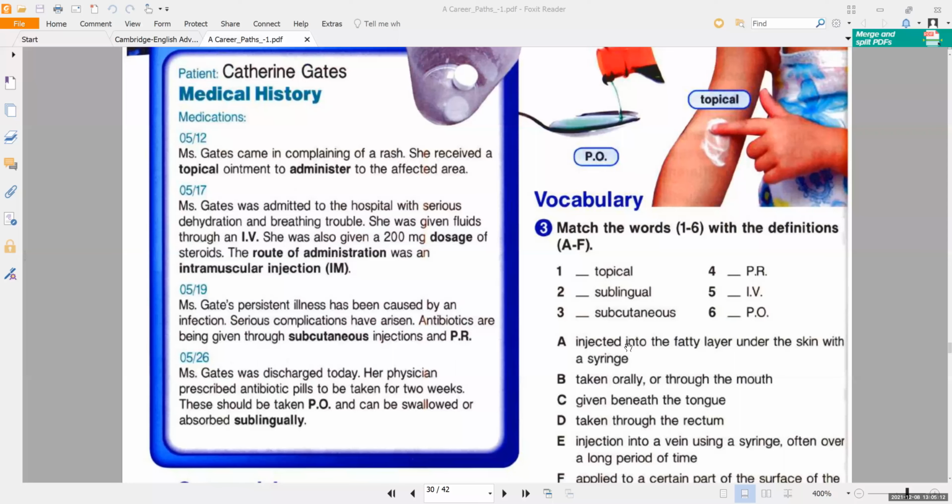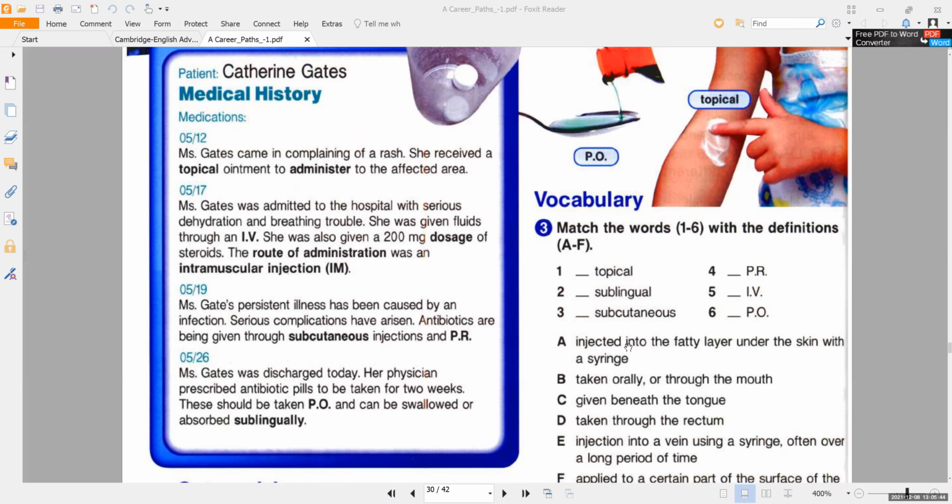Unit 13, Administering Medication. Exercise 5, page 29. Patient, Catherine Gates. Medical history. Medications. 0512. Ms. Gates came in complaining of a rash. She received a topical ointment to administer to the affected area. 0517. Ms. Gates was admitted to the hospital with serious dehydration and breathing trouble. She was given fluids through an IV.